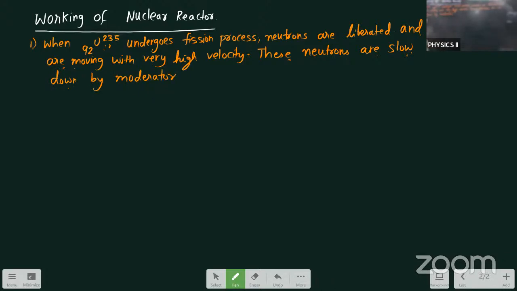Once the neutrons are slowed down, they become thermal neutrons, and the fission process goes on. Due to this fission process, a huge amount of energy is generated. Now, in order to control the fission process, what will we use? Control rods are used.